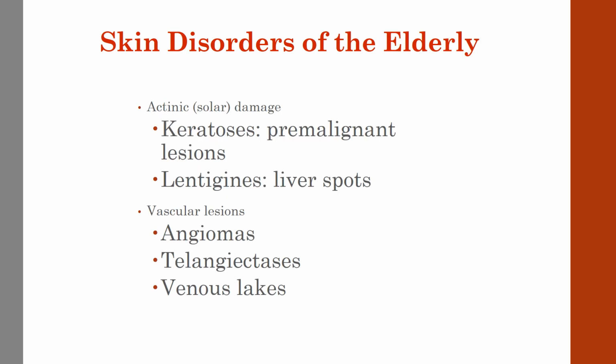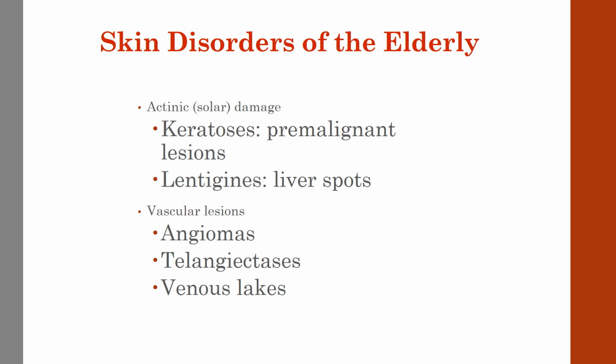The last two terms are actinic keratosis and SK, and that's what I was talking about. The relative exposure for actinic keratosis, AK. So liver spots or lentigines, and you can call them liver spots. They are some sun damage.